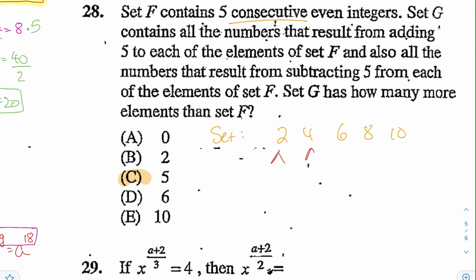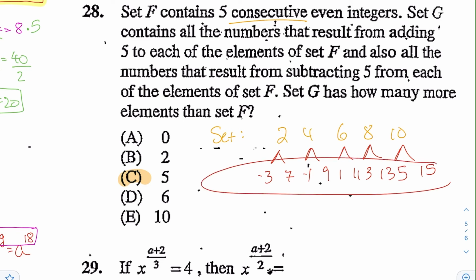So 2 becomes 7 and negative 3. 4 becomes 9, so you'll just do 7, then 9, 11, 13, and 15. And then the negatives, you also just add 2 to have negative 1, 1, 3, and 5.